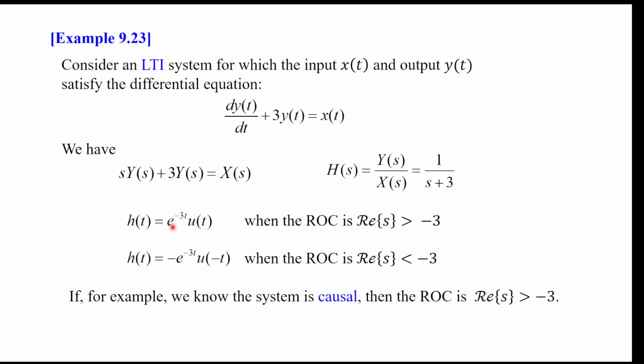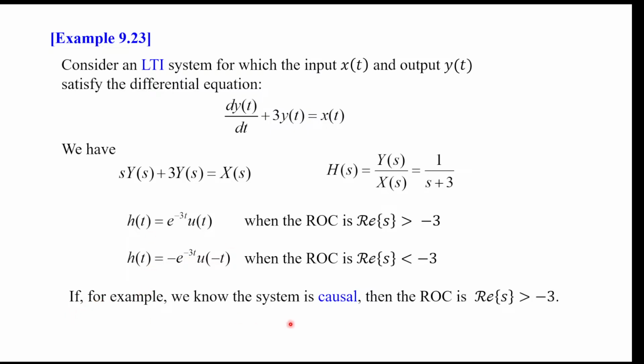As we've seen a lot in the inverse Laplace transform, this will give you two different time domain functions: a right-sided function or a left-sided function. So you need extra information about the system to determine which one is your actual impulse response.